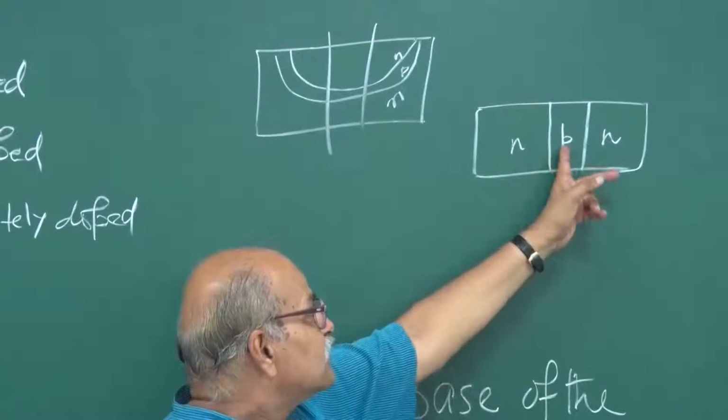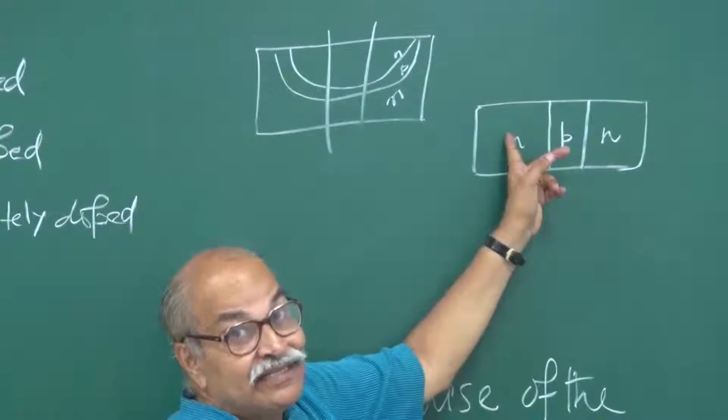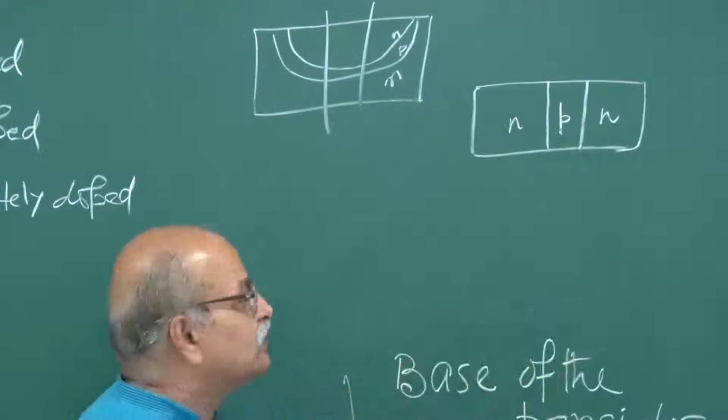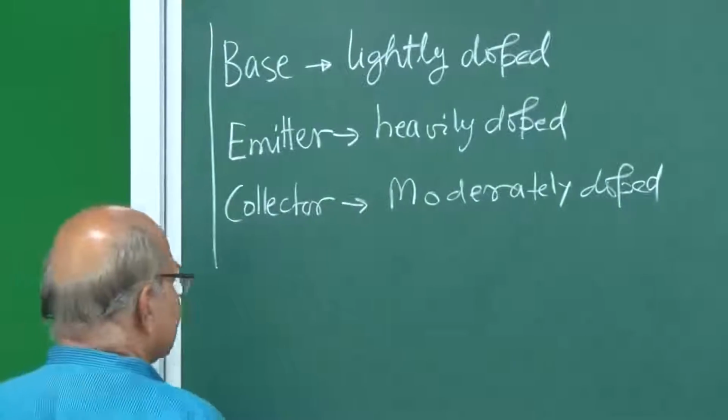Regarding doping level, the base is very lightly doped, one of the other two, the emitter, is heavily doped, and the other is moderately doped. The second is the geometrical parameters, the thickness.